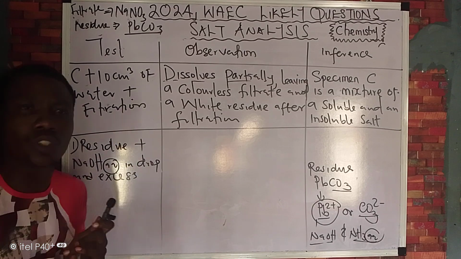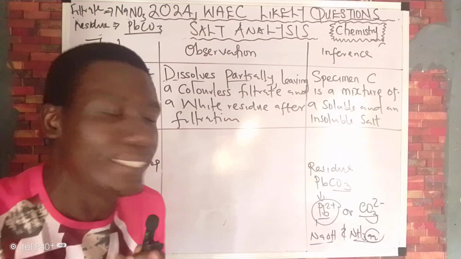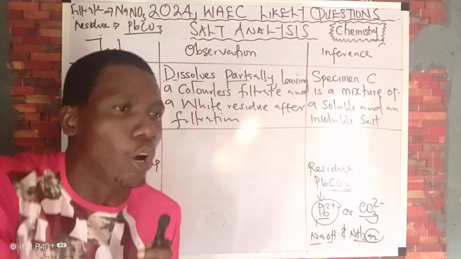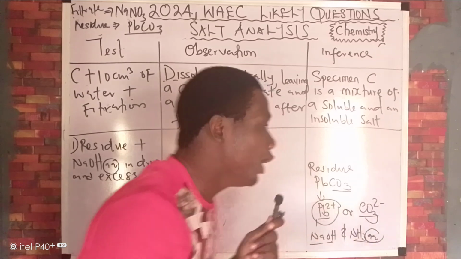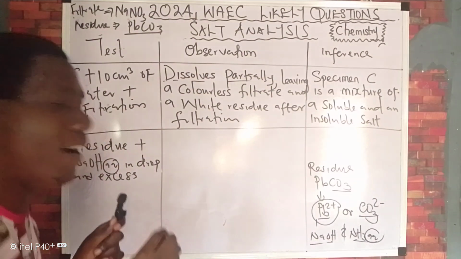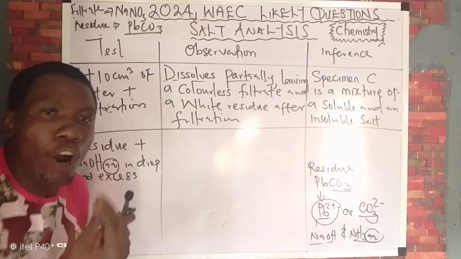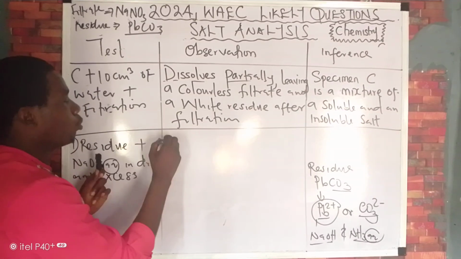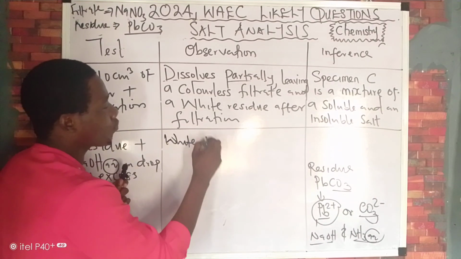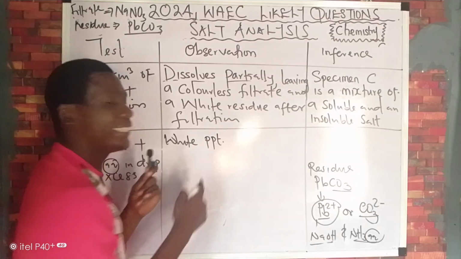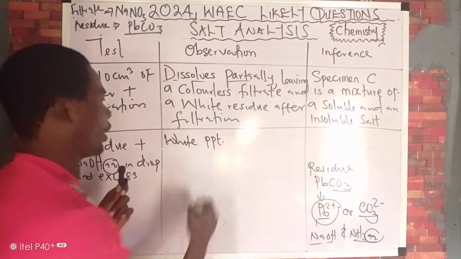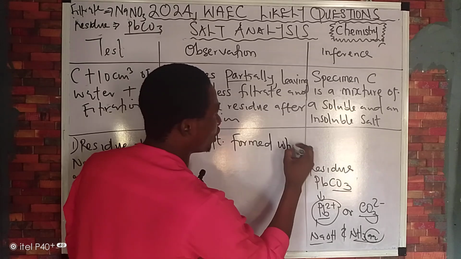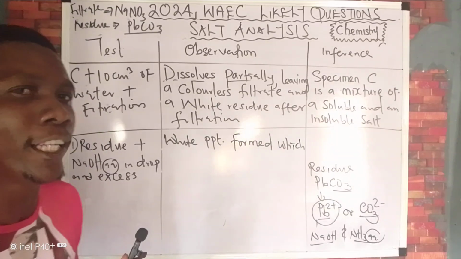Now, if you put sodium hydroxide into the residue, the one on top of the filter paper that you put in another small test tube, you will discover that it will form a white PPT. So what will be our observation is simple. We will say that white PPT, PPT means precipitate, formed. Now you see this white PPT that is formed.